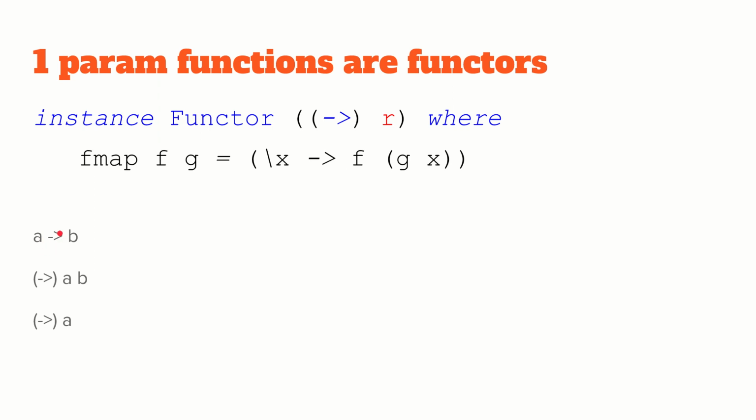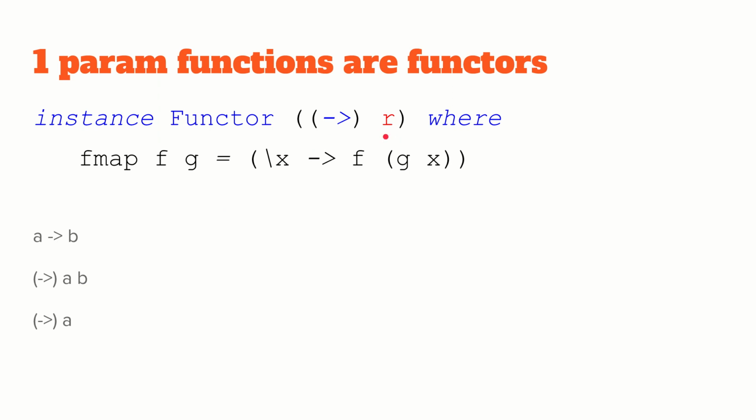And to put this into prefix, this is an infix operator, sorry, to use it as a prefix operator, we just wrap it in brackets. As you can see here, this is exactly the same. Parameter A, return parameter B. Now, if we just want to match on our input, our function, we just leave out the B, which is exactly what this is.